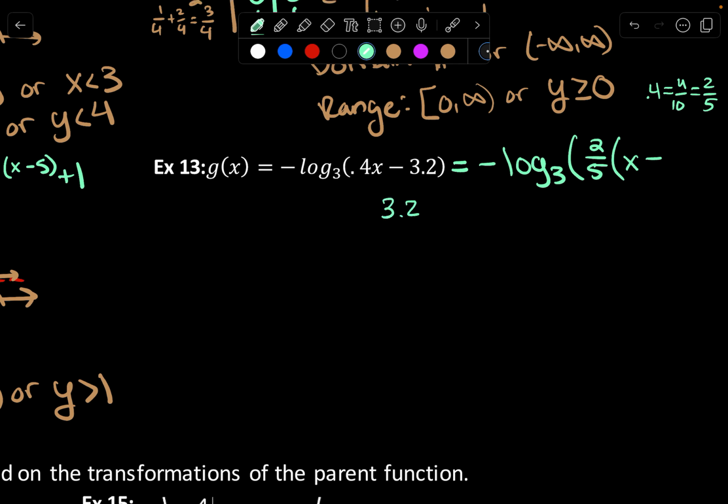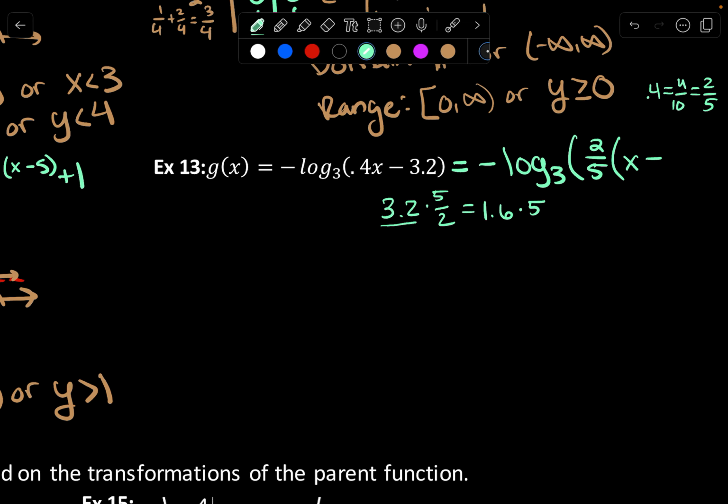So 3.2 times 5 over 2. This is getting a little weird. Let's see. If I divide the 3.2 by 2, 32 divided by 2 is just 16, so that'll be 1.6 times 5.